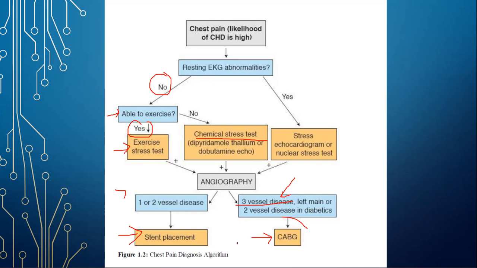Just remember, three vessel disease needs bypass, one or two vessel disease needs angioplasty. This is the basic thing that you should know, because any type of question can come from these chest pain topics, because these are very important. Is this clear, guys? This is not for acute myocardial infarction. This is for reversible ischemia patients, which is mainly stable or unstable angina.